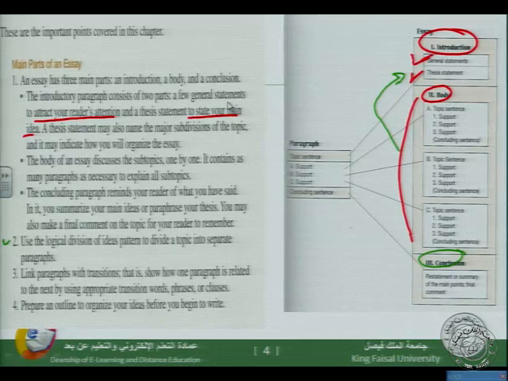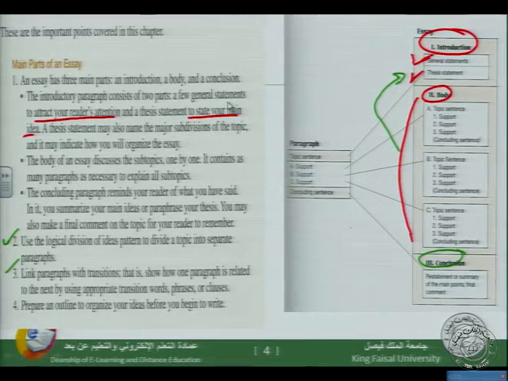Again, we have learned how to use the logical division of ideas pattern to divide the topic into separate paragraphs, and then how to link paragraphs with transitions. That is, show how one paragraph is related to the next by using appropriate transition words, phrases, or clauses.